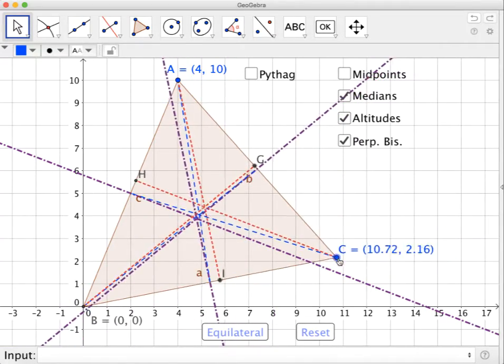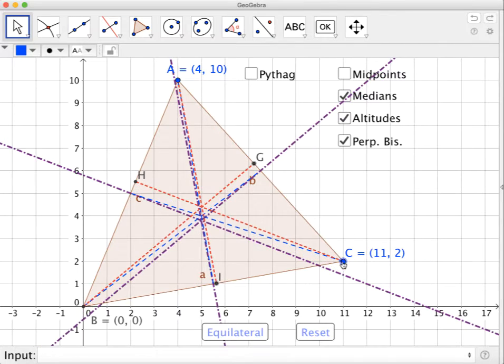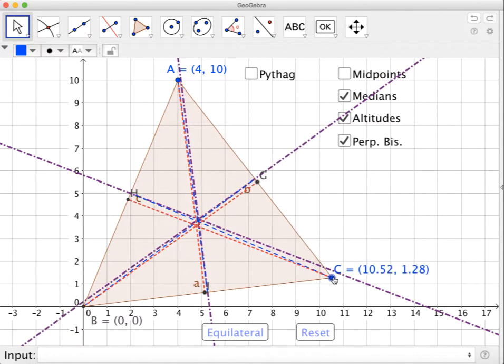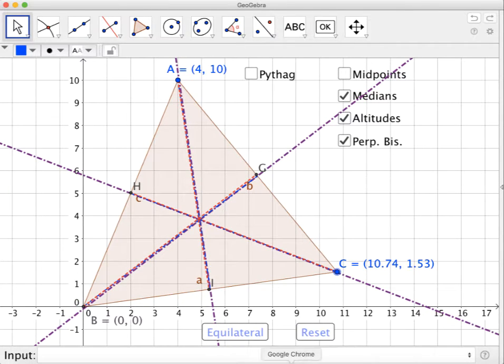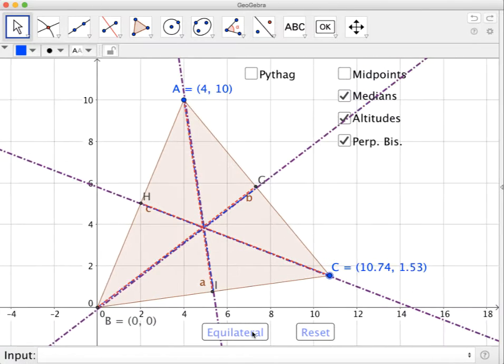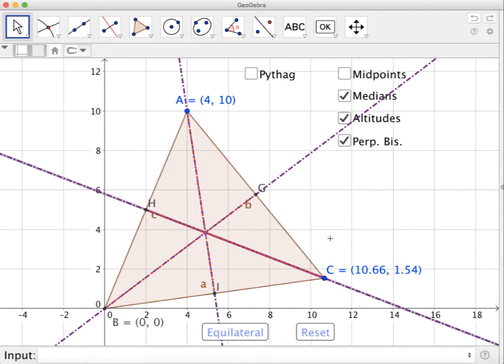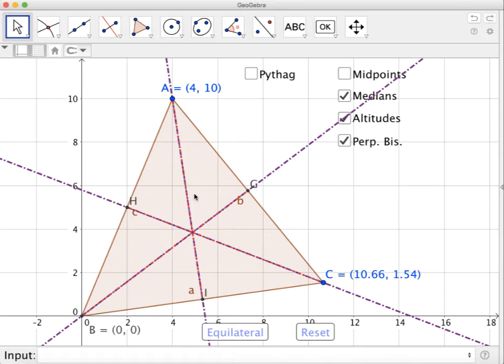And in fact, we can get all of our segments to correspond. And we can do that by making this an equilateral triangle. And when we click this here, you can see now that all of our sides, all of our medians, all of our altitudes, and all of our perpendicular bisectors now coincide. And that's a feature of an equilateral triangle.